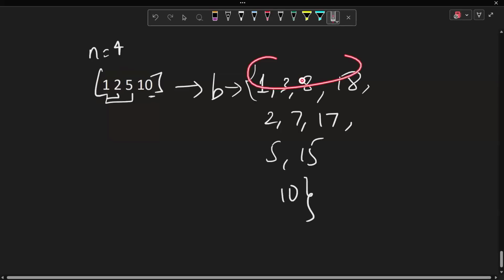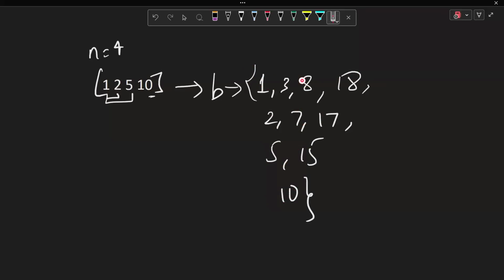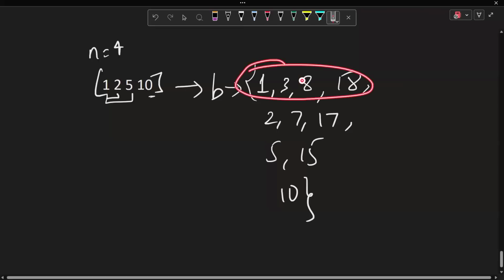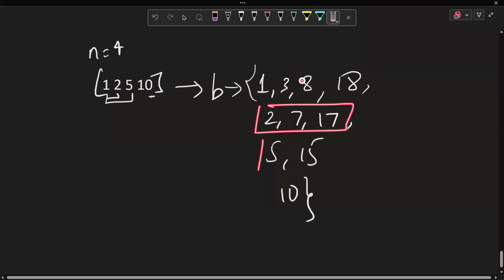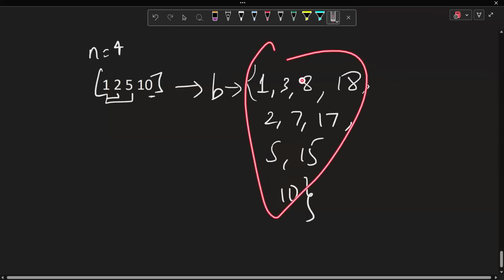So this is your array B. So the first thing I did is divide this array B into groups. This is the prefix array starting with 1. This is the prefix array starting with 2. This is the prefix array starting with the third index. This is the prefix array starting with the fourth index. So this is how you divide this array B.